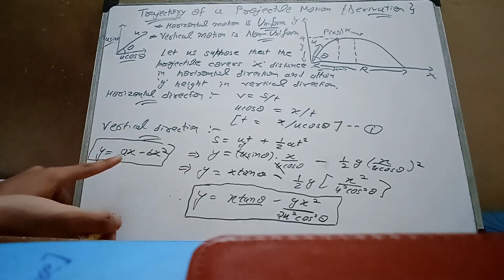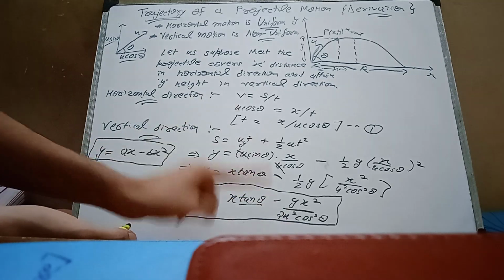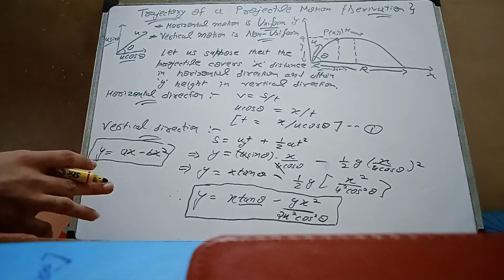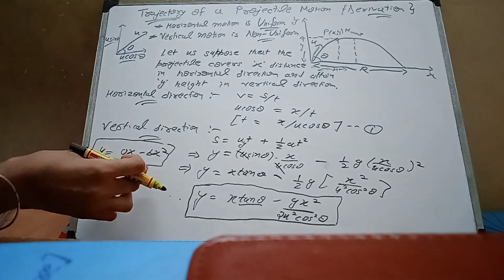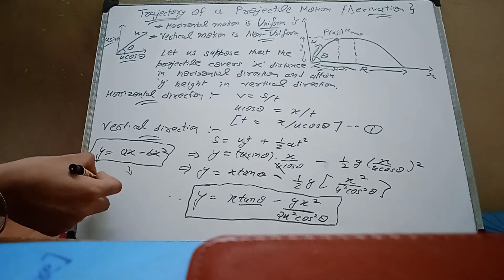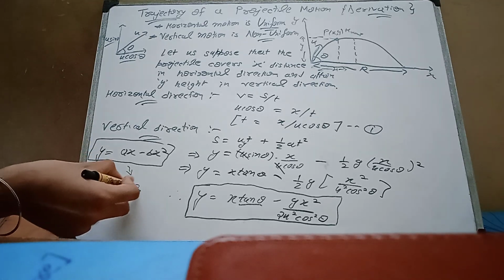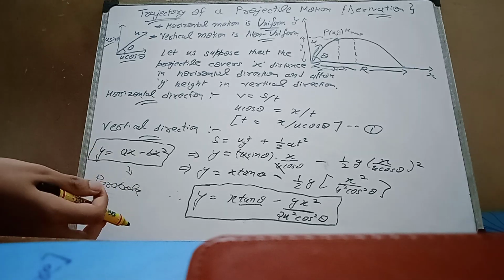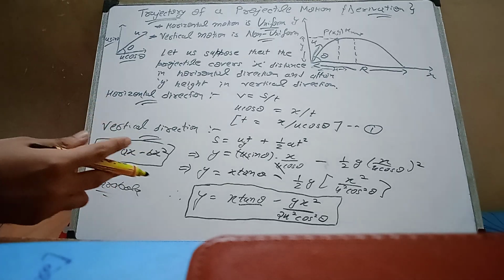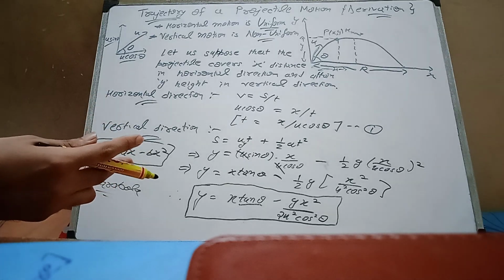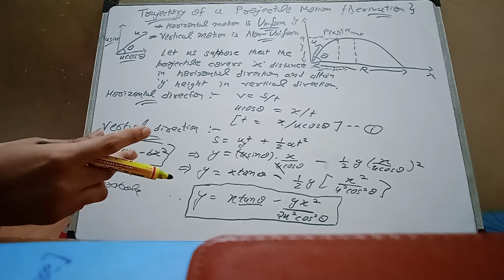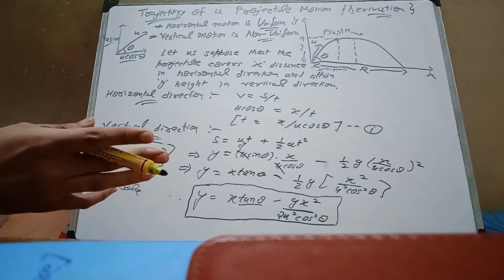We have assumed that tan theta is constant, g is constant, 2 is constant, u square cos square theta is also constant. So this becomes y equals ax minus bx square, and that is the equation for a parabolic path. This is the equation for a parabola, and thus we can conclude that the trajectory of a projectile is parabolic. This is the proof of that question.